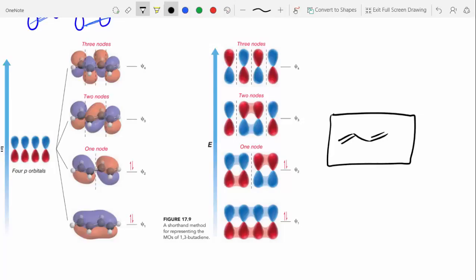We actually have a bunch of molecular orbitals. If you look at the one on the bottom, what this means is that all of the lobes are in phase. What does it mean when a lobe's in phase? Phased together. Yeah, it's phased together. They constructively overlap.